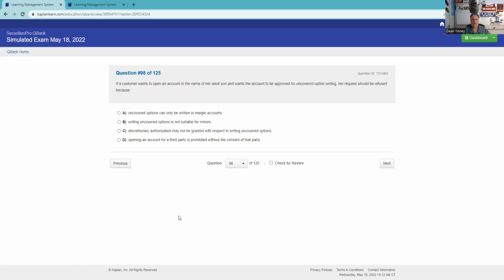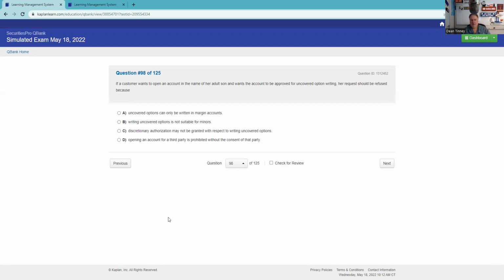A customer wants to open an account in the name of her adult son, wants the account to be approved for naked call writing. Her request should be refused because uncovered can only be written in margin accounts. Writing naked calls is not suitable for minors. Discretionary authority may not be granted with respect to writing naked options. By the way, I'm just going back to read the question.